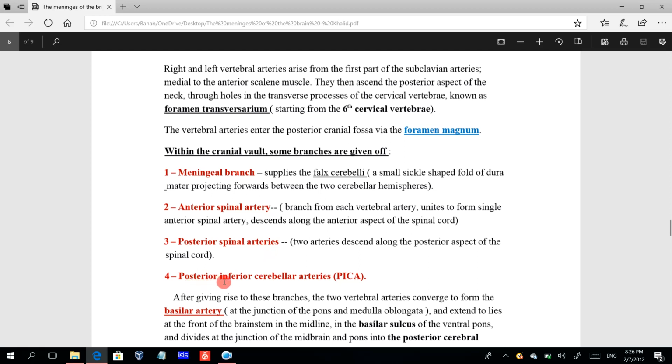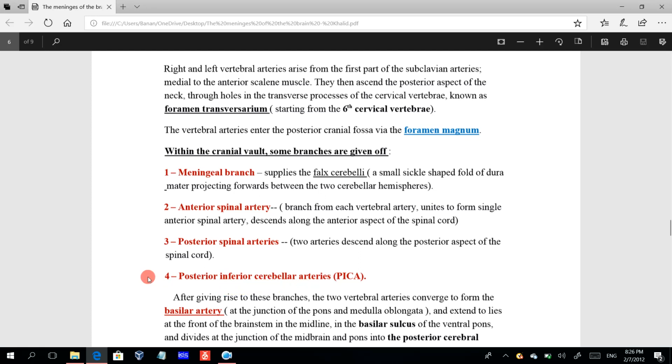The other branch is the posterior inferior cerebellar arteries. Pay attention here. Posterior inferior cerebellar arteries, which is also abbreviated PICA. So the fourth branch is the posterior inferior cerebellar arteries, and of course these arteries will give a blood supply to the inferior aspect of the cerebellum.